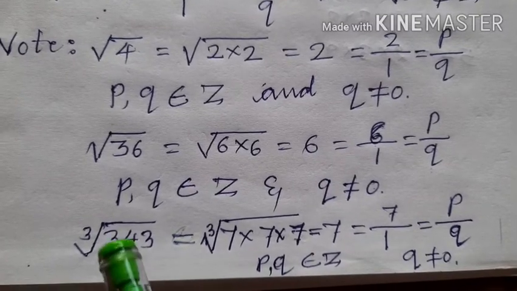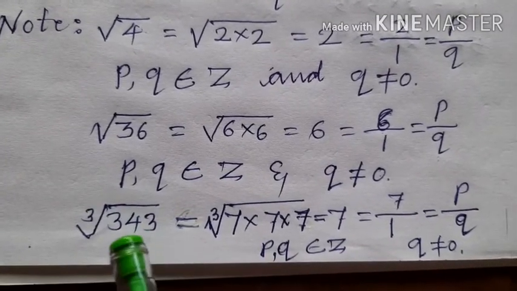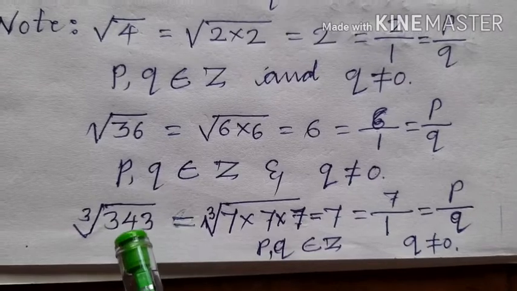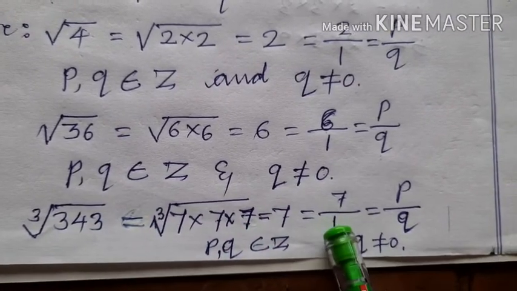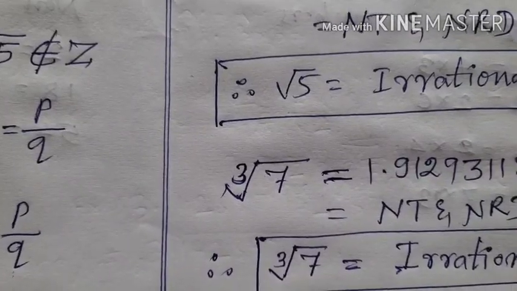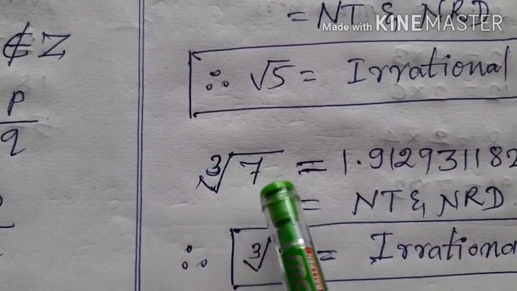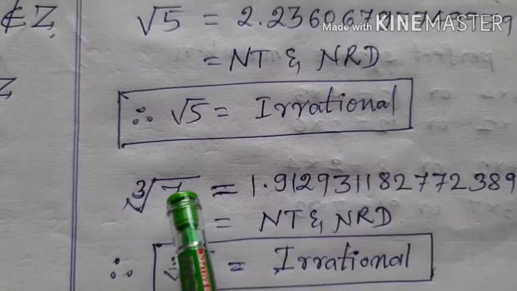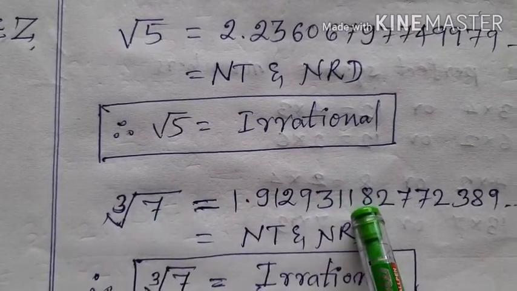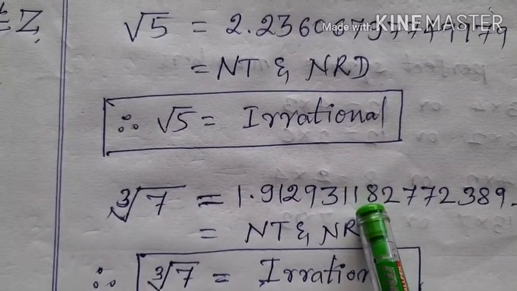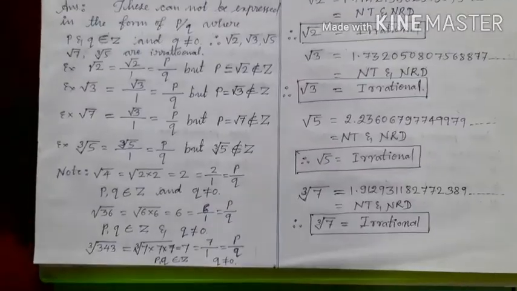Similarly, if the number written under the cube root mark is a perfect cube, then it is rational. And if the number written under the cube root mark is a non-perfect cube, then it is an irrational number. Okay? Is it clear to you, children?